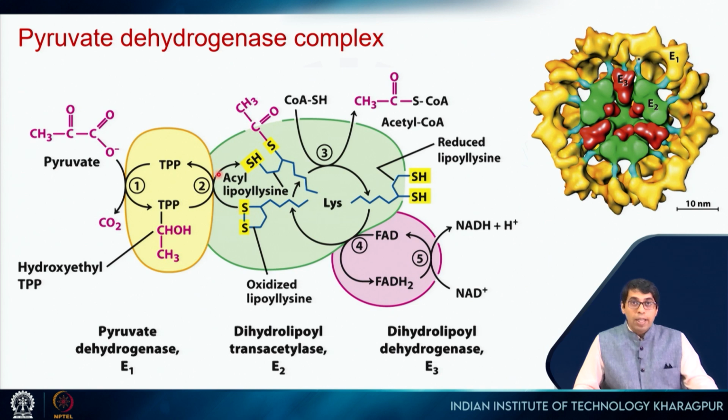And when that oxidation happens, so this lipolysine, this is present in the oxidized form, so it gets reduced. So, this gets reduced and this gets oxidized, right. So, we have this acetyl lipolysine. Now, this arm, it is a very flexible part as we have seen in the structure.